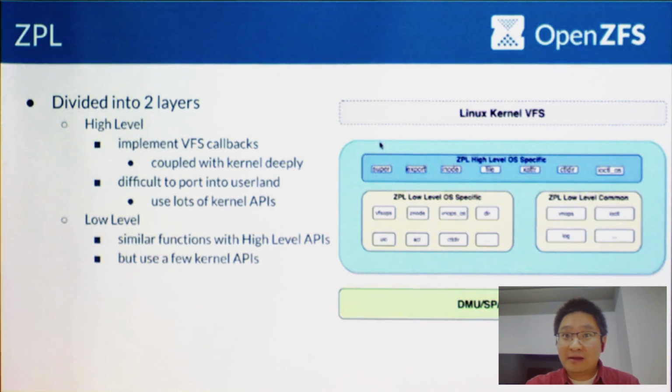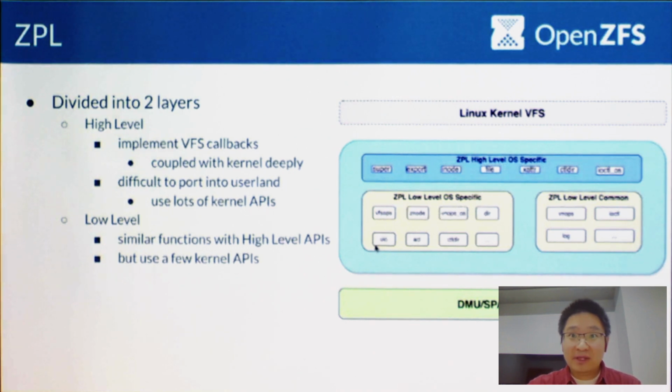The high-level layer is responsible for implementing the VFS callbacks. Thus, it uses the structures defined in the kernel, such as dentry, inode, file, superblock, and even kiocb, things like that. As a result, this layer is coupled with the kernel deeply, and it is pretty difficult to port into Userland.